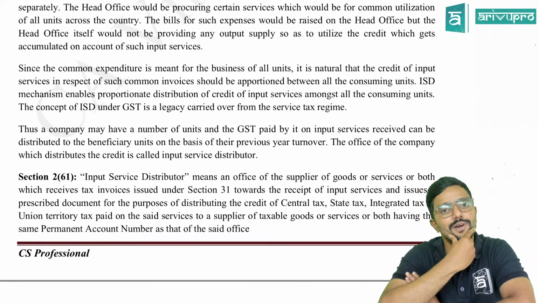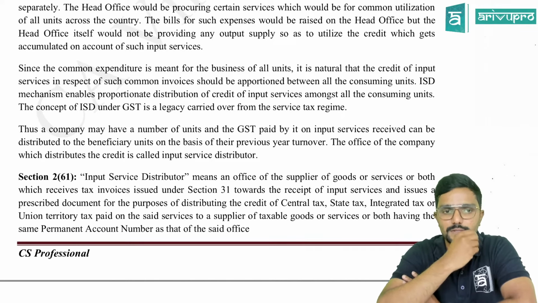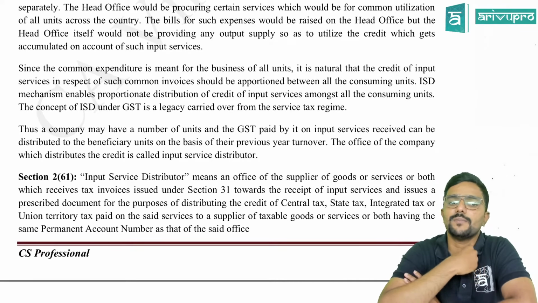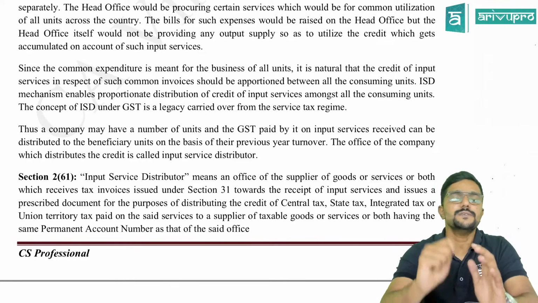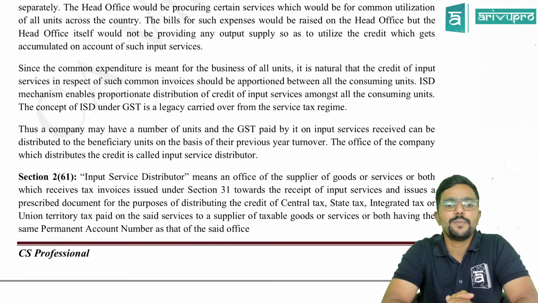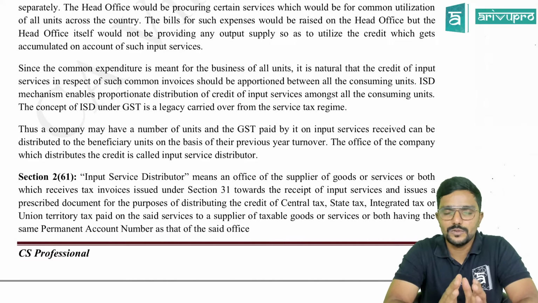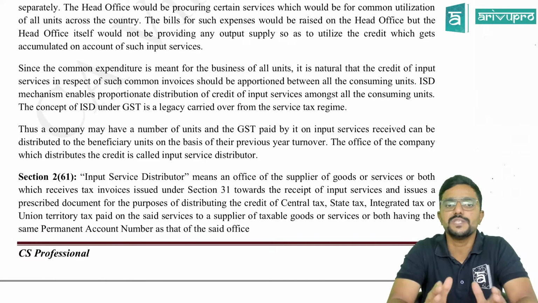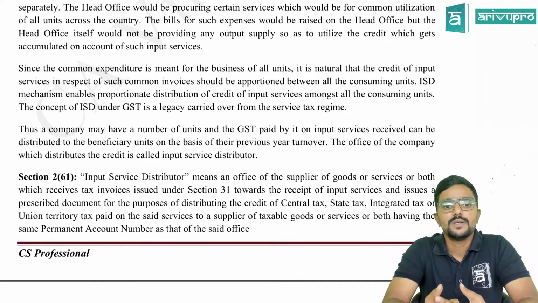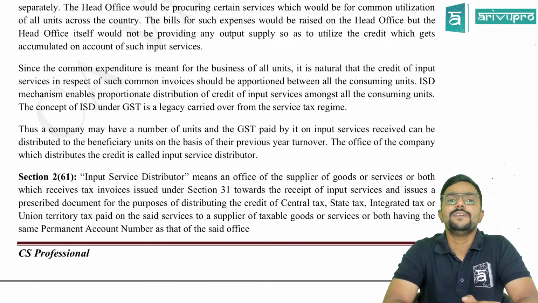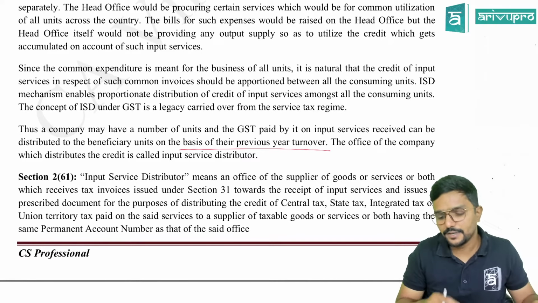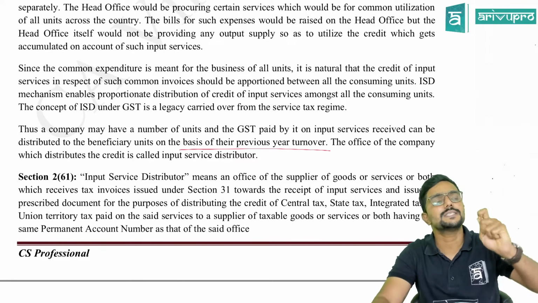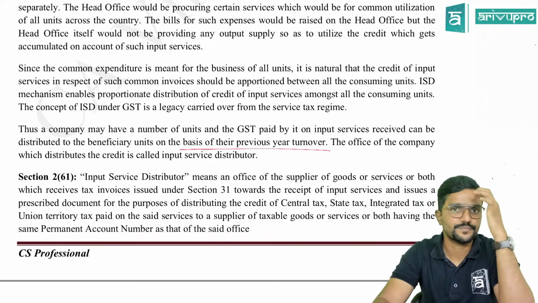The same thing has been brought even under GST. Thus, a company may have a number of units, and GST paid by it on input services received can be distributed to the beneficiary units, that is, the branches which are using these services, on the basis of their previous year turnover. So what is used as a basis to allocate the credit to each branch? Last year's turnover of each branch.